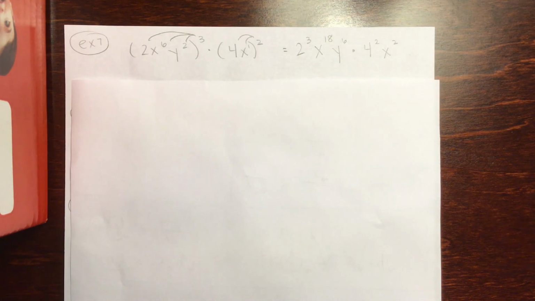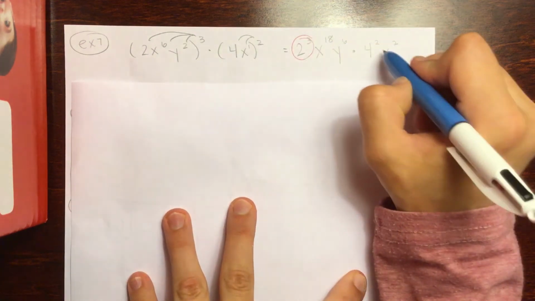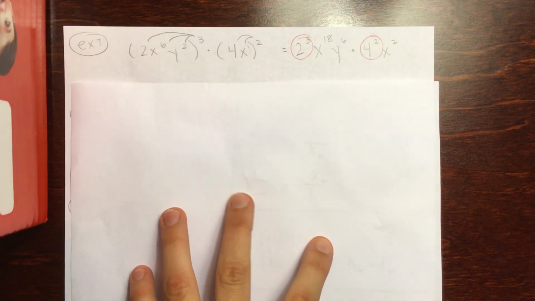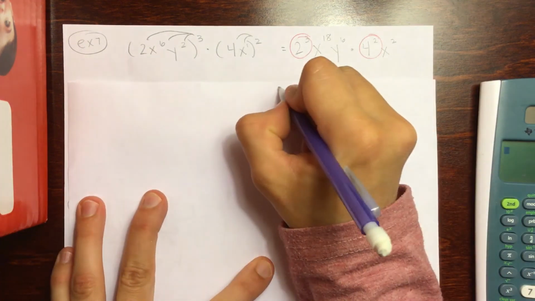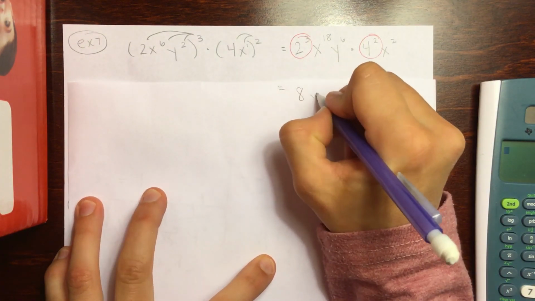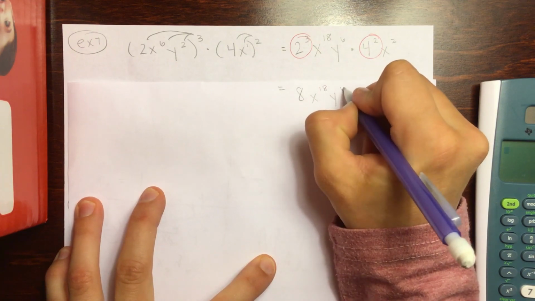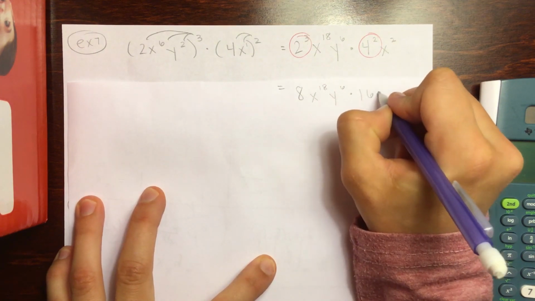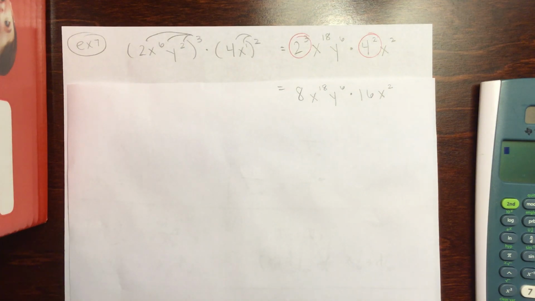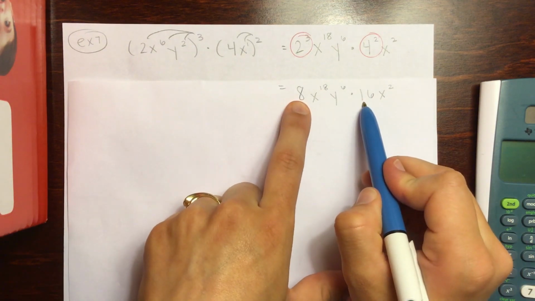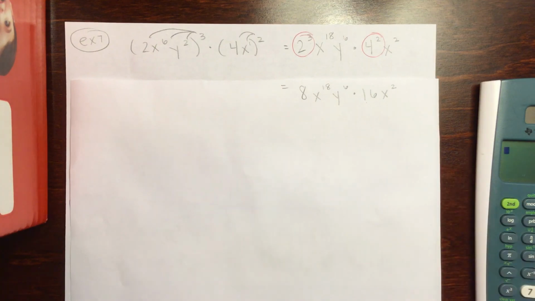Okay, I am going to deal with this first. Oh, these are huge numbers. I need a calculator. All right, 2 to the 3rd power is 8. 4 squared is 16. Now I have multiple bases going on. I have numbers occurring multiple times, and I have x's occurring multiple times.